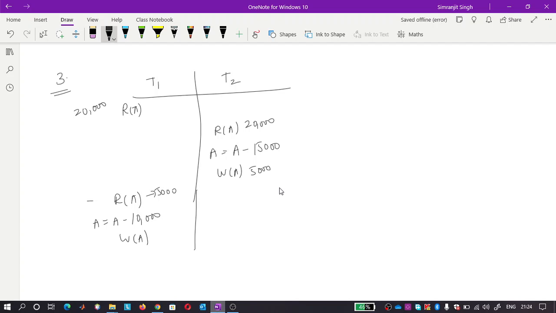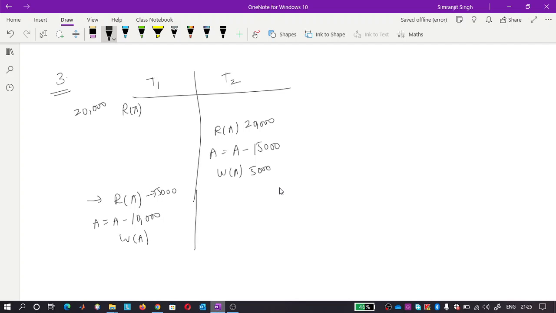Now T1 thinks, because T1 is not aware of T2, T3 or T4 or any other transaction that is there. So it's again breaking the rule of isolation. It says I have not made any modification on this, so how has the value of A changed from 20,000 to 5,000 here?